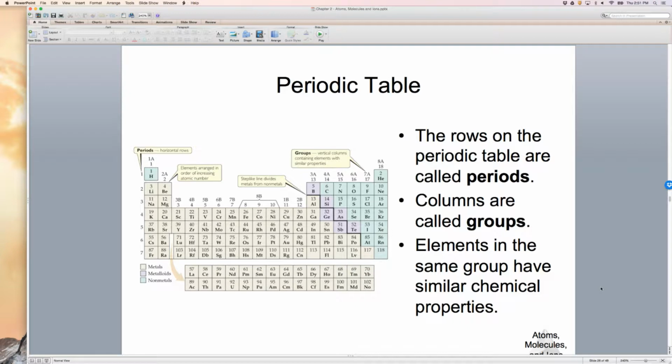Columns are up and down. We have a total of 18 of those, and those we call groups. And within a particular group, you're going to find very common chemical properties and characteristics. So very similar elements are going to be found in a given column or in a given group.